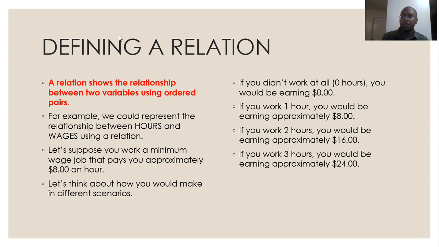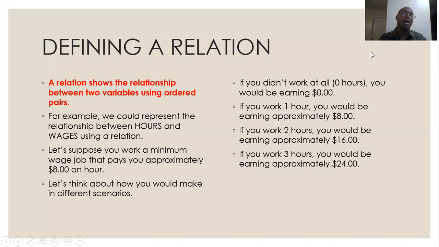If I work 2 hours, I make $16. If I work 3 hours, I make $24. Now, I make approximately that. Obviously, you have to think about FICA, Medicare, and Social Security. You know the drill. They're taking all kinds of money out of your check. But that's basically how much money I would make if I was working X number of hours. Okay?